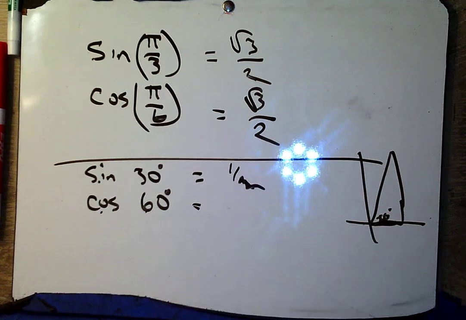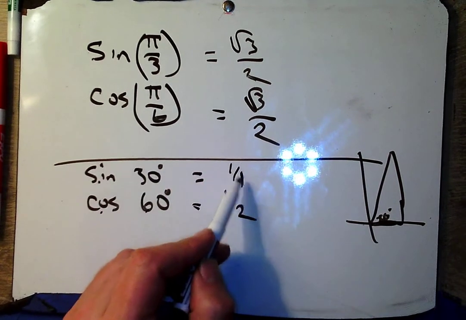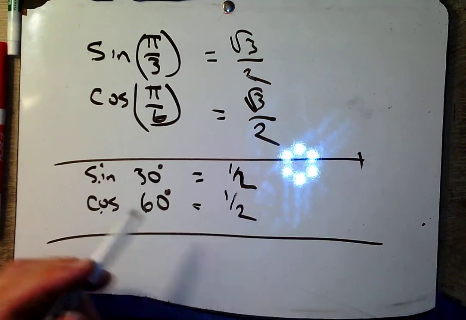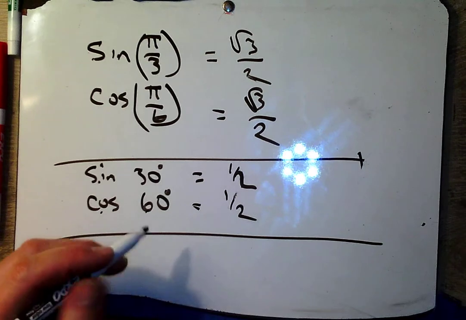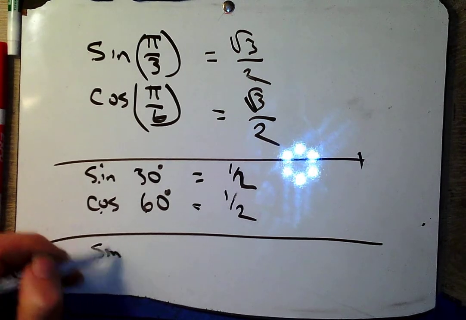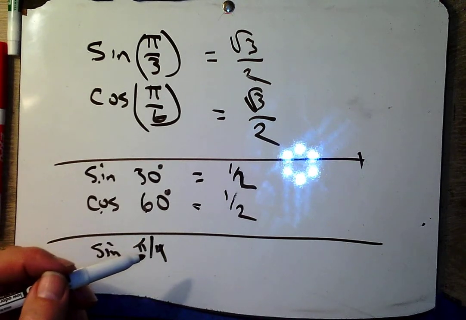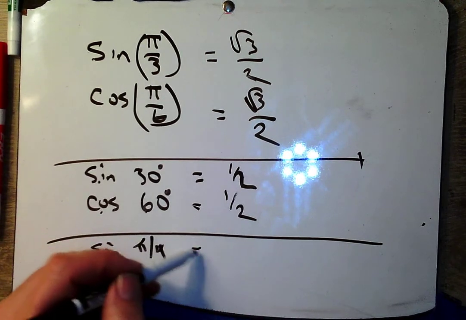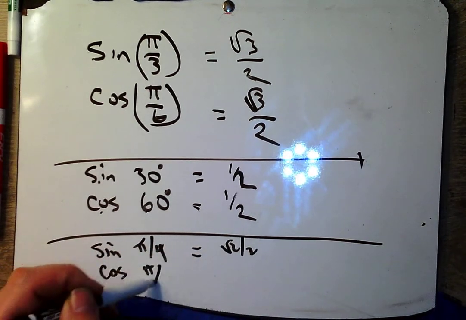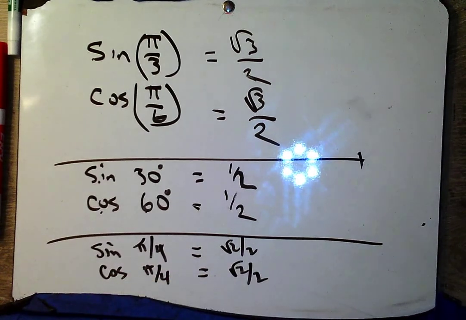And this would be the cosine on the unit circle, and that's also 1/2. Oh, I think there's something going on here. Okay, and what about this situation? Here we go. Sine of pi over 4 is root 2 over 2, and cosine of pi over 4 is root 2 over 2.